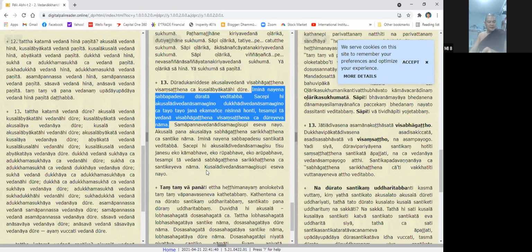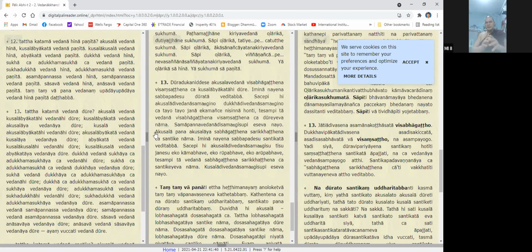Then akusala pana akusalaya. How about akusala? So akusala should be near. Akusala vedana is near to akusala vedana here. Why? Sabhagatena, sarikatena.